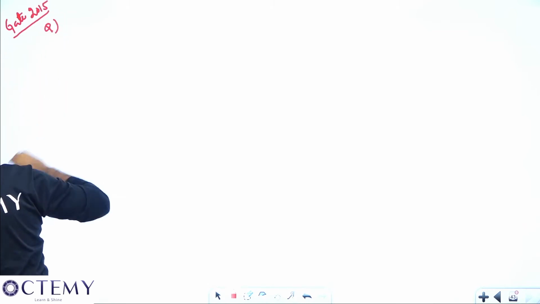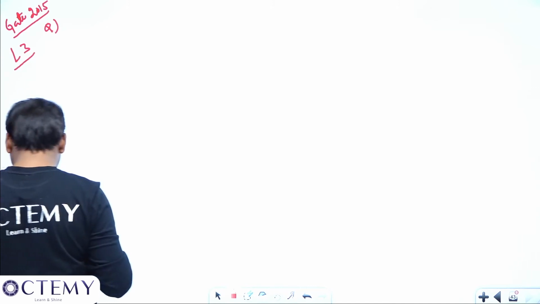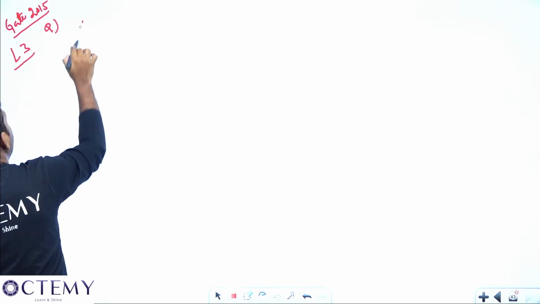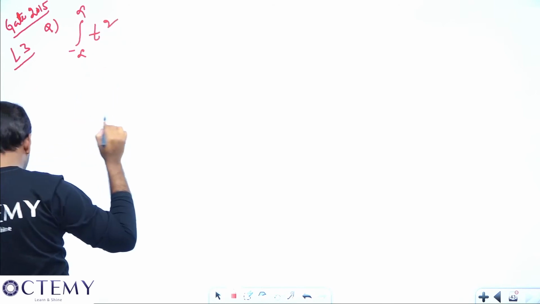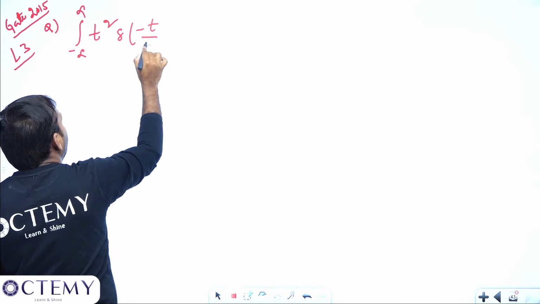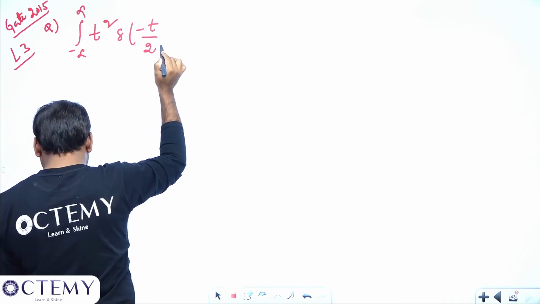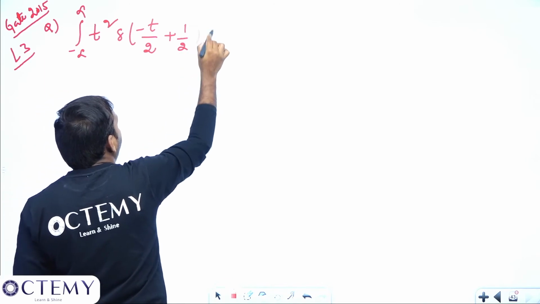This is also a GATE 2015 problem, and this is also a level 3 problem. Integral minus infinite to plus infinite t square del of minus t by 2 plus half dt.